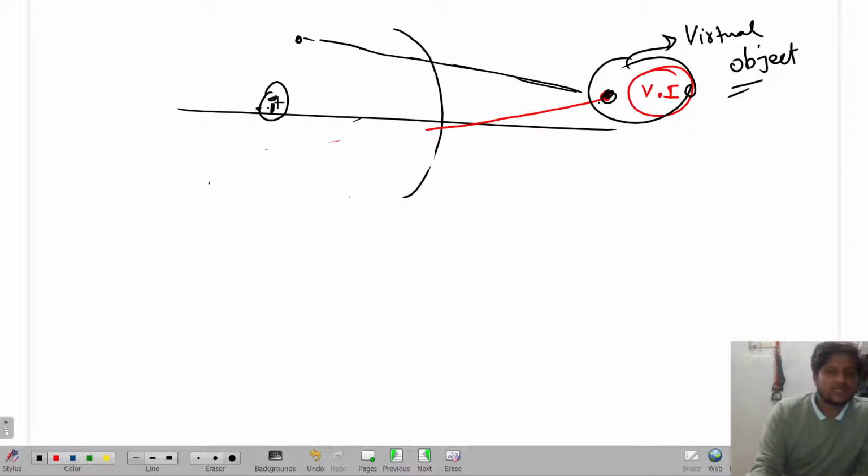For that, it will follow the property of a convex mirror and create an image towards the right side. Let's suppose this is my object, which has a virtual image over here. For this virtual image, this mirror will behave like a convex mirror.